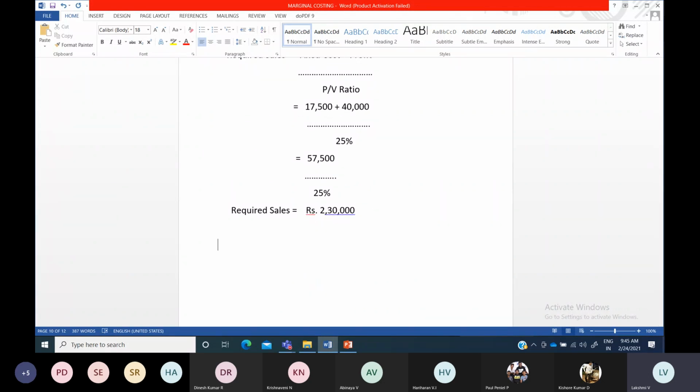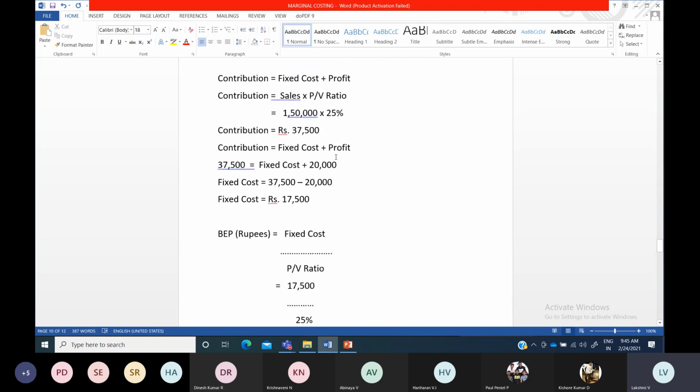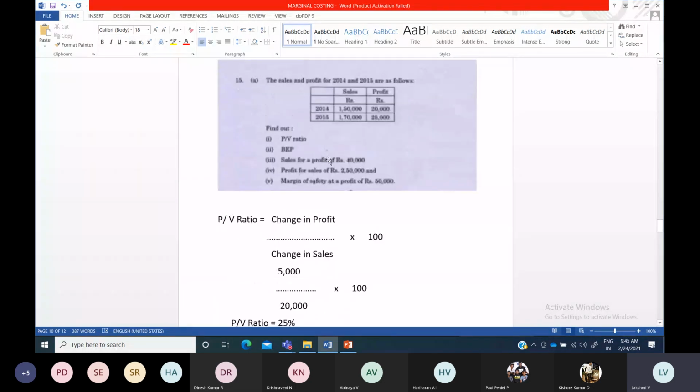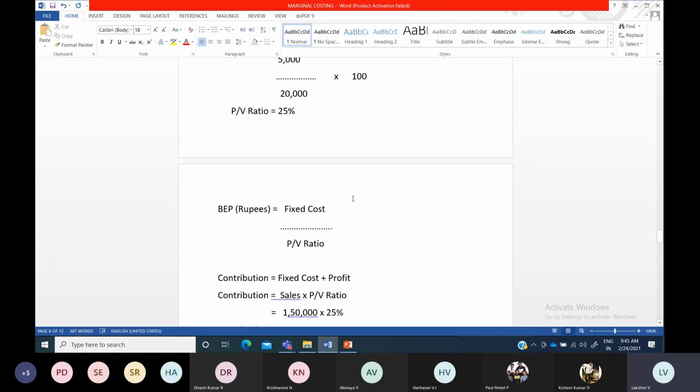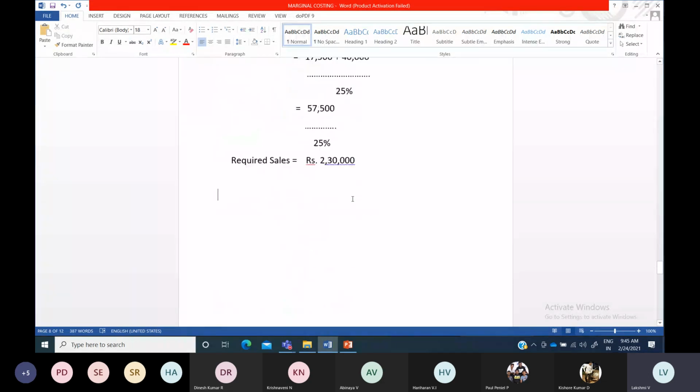Now again, in the next subdivision, we have to calculate profit when sales is rupees 2,50,000. Profit for sales of 2,50,000. So sales they have given, you have to find out profit. Sales is 2,50,000. Now again the same formula you can use.